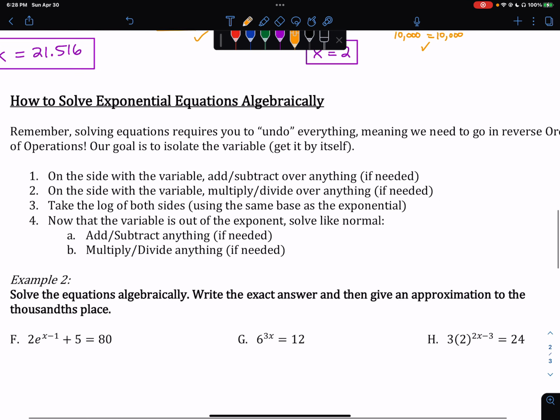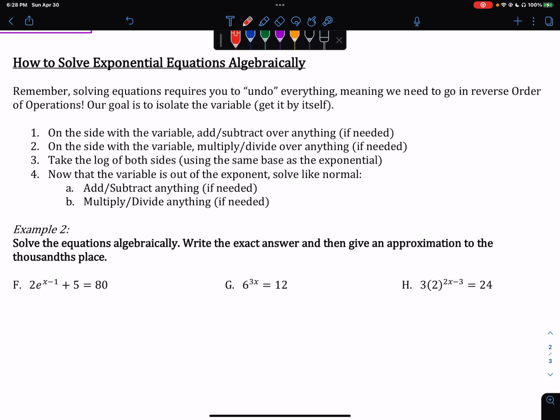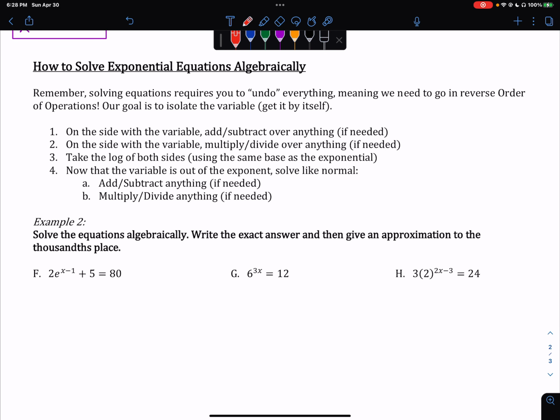Now, the next type, so that was graphically. Now trying to solve it algebraically. Remember, when we're solving equations algebraically, basically what we're doing is we're having to undo everything, meaning that we need to go in reverse order of operations.